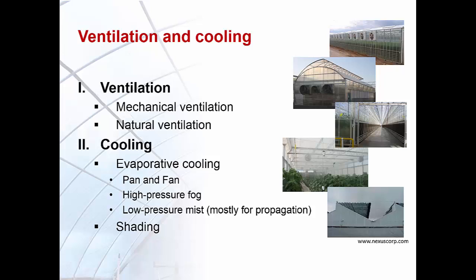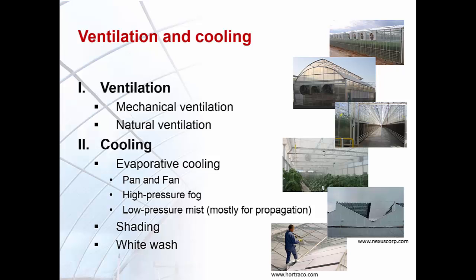Shading with internal and external shade curtains is also used to decrease incoming solar radiation in the greenhouse. Cooling can also be achieved by using whitewash on the greenhouse glazing. There has been considerable interest in glazing materials which can selectively reflect or absorb the infrared region of solar radiation.